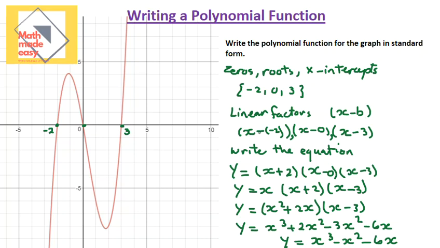So you're going to write x minus and whatever 0 you have. So if it's -2, you're going to eventually simplify this into plus. And x minus 0 also simplified to only x. And x minus 3. If I want to write the equation, then I am going to multiply all the linear factors of the equation together, simplify until we reach the standard form.